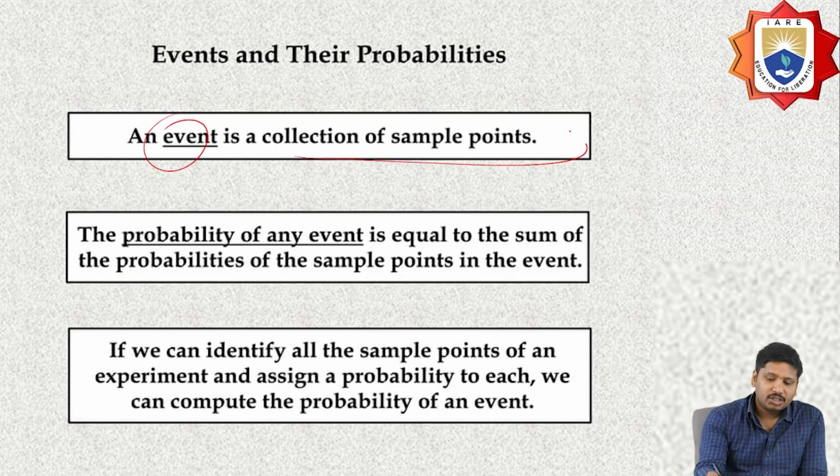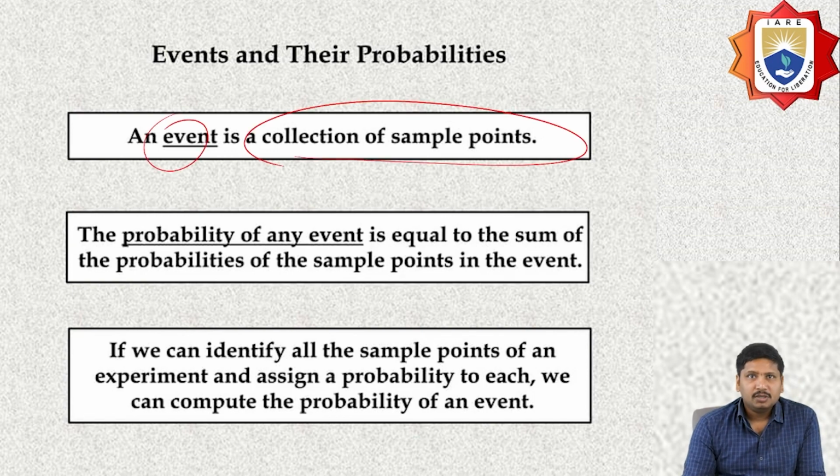The probability of an event E is denoted P(E), and it is equal to the sum of the probabilities of the sample points.